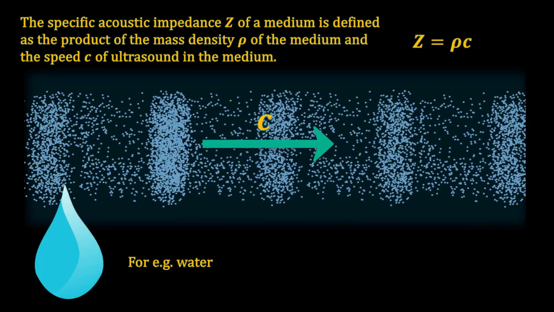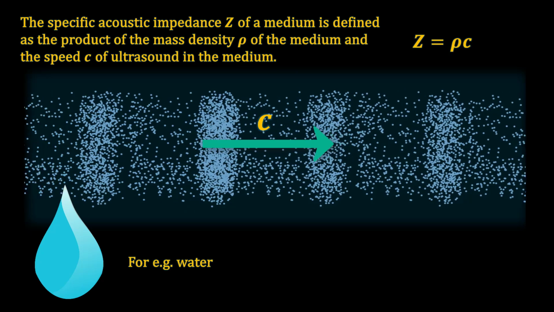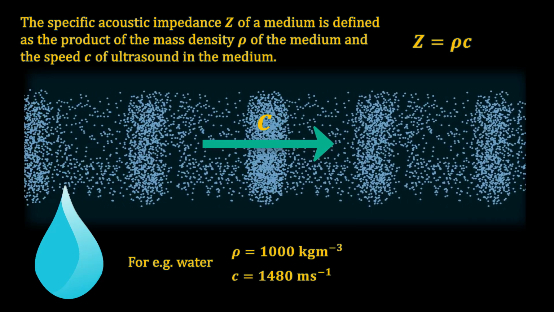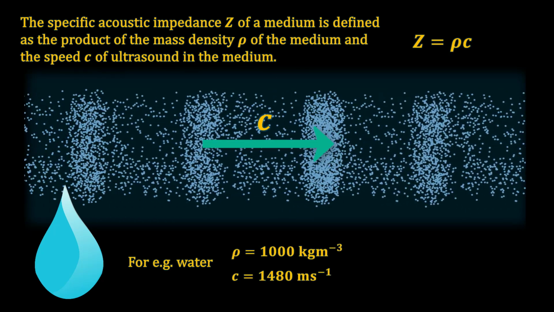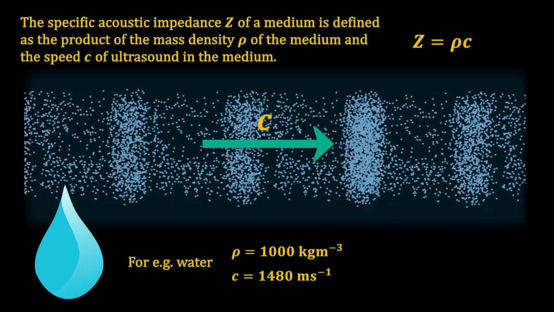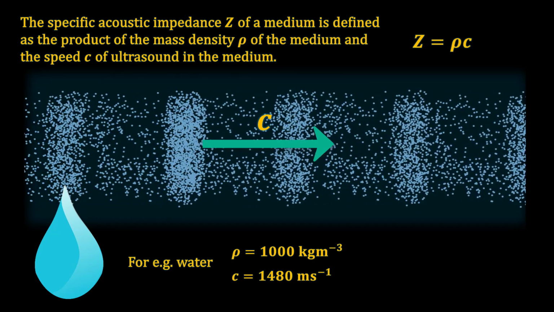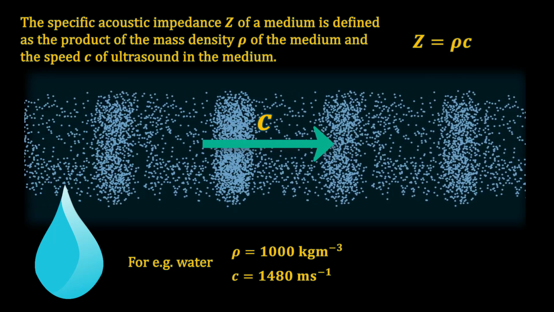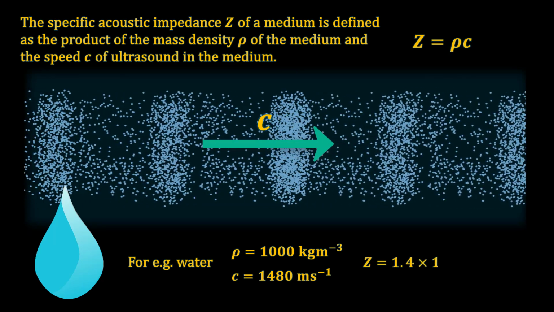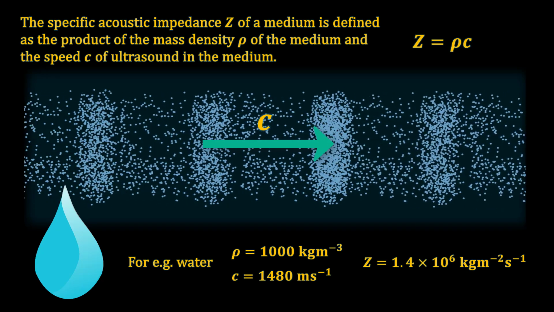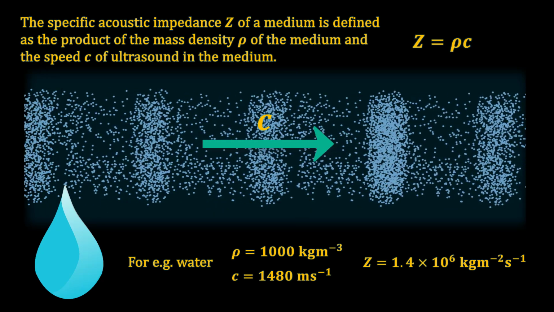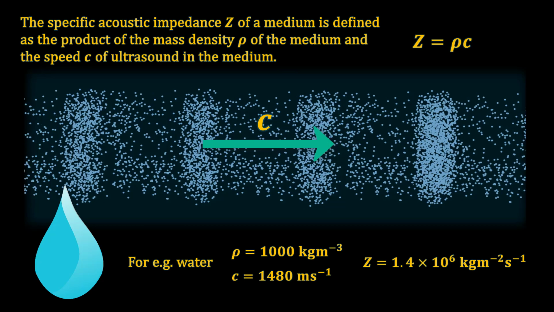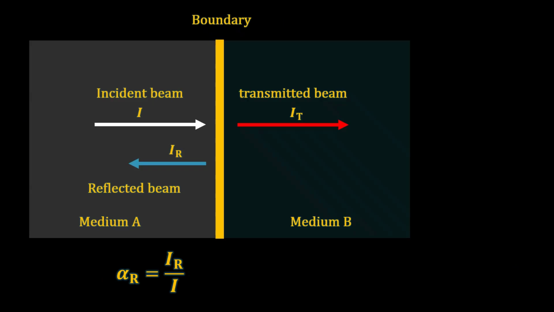For example, if the medium is water, then we have ρ equals 1000 kg per meter cubed and c equals 1480 meters per second. And therefore we have Z equals 1.4 times 10 to the power of 6 kilograms per meter squared per second.